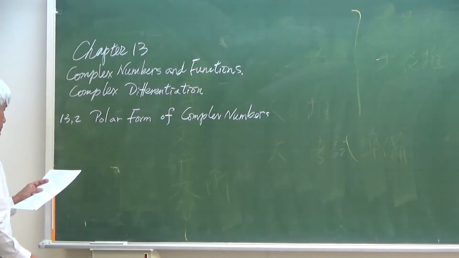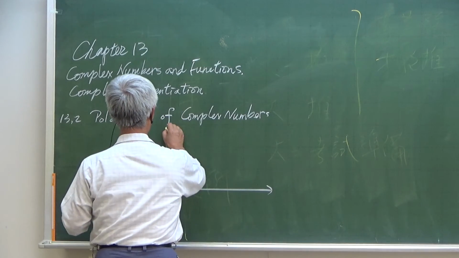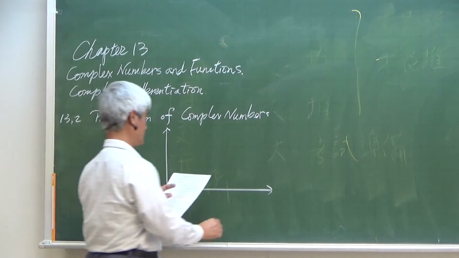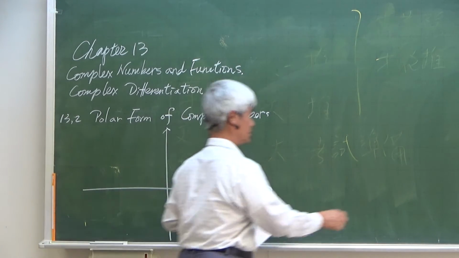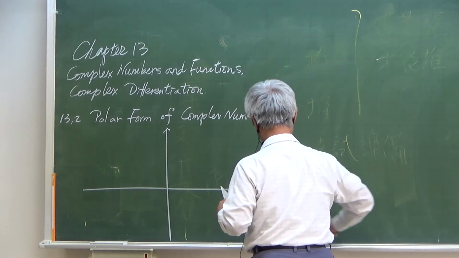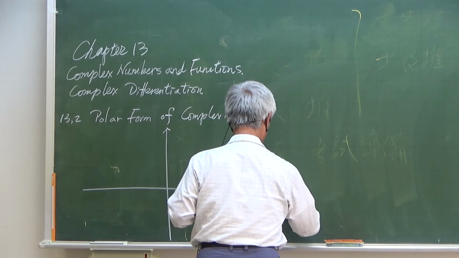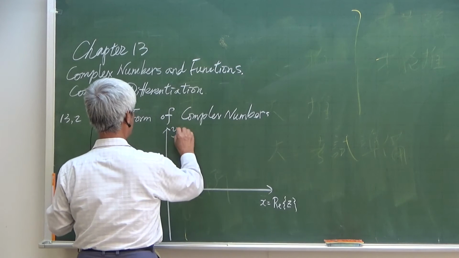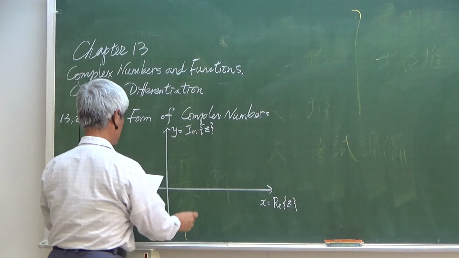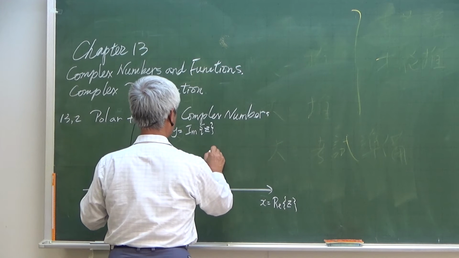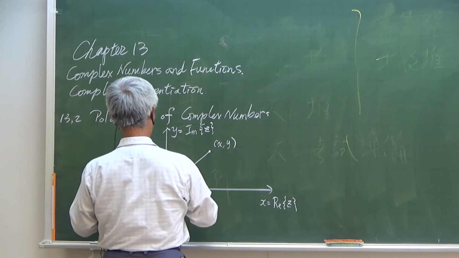Okay, we know we can represent complex numbers in a complex plane. So this is the imaginary part. This is the real part. And the y is the imaginary part of a complex number. So here, x, y.